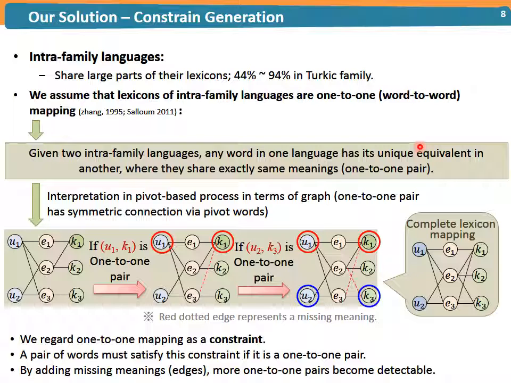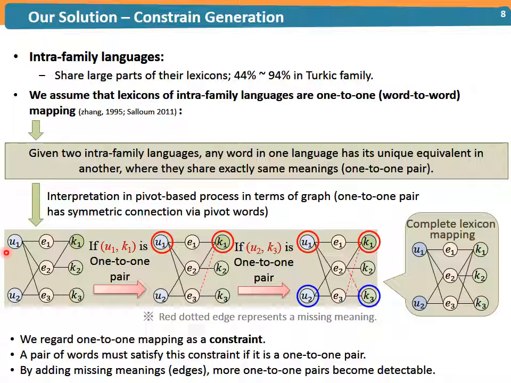This assumption states that given two intra-family languages, any word in one language has its unique equivalent in another, where they share exactly the same meanings. When we interpret this statement in terms of a pivot graph, a one-to-one pair has a symmetric connection via pivot words.